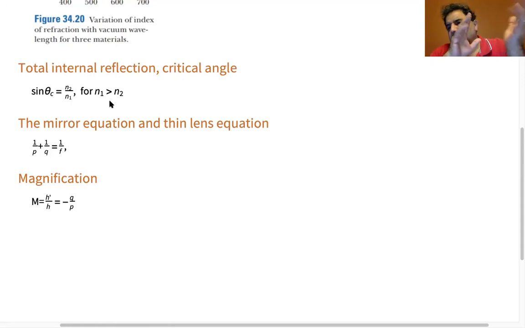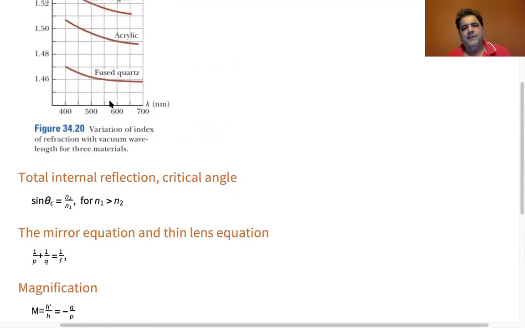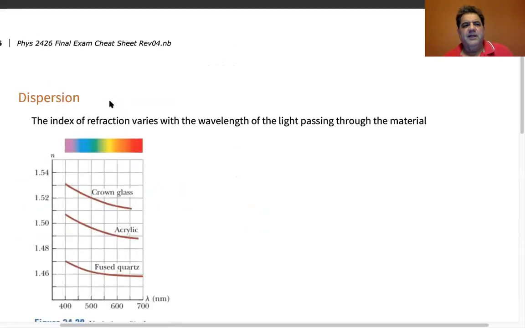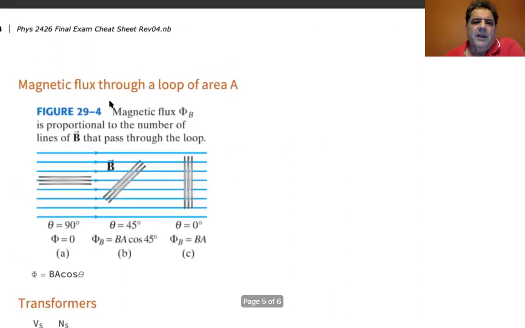Now, sometimes the image distance may be negative if it's on the front side of the lens surface or the mirror surface. It works for either one. And I think that's it for the review.